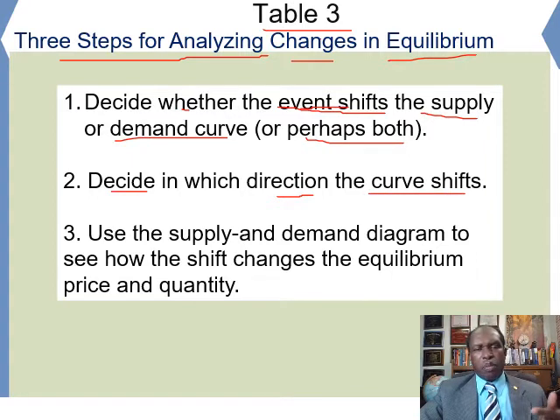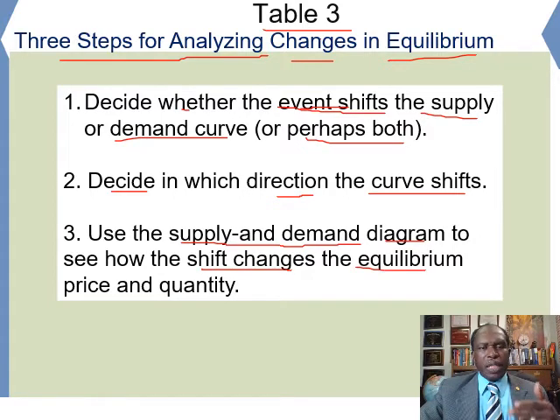If the factor impacts the curve positively, supply or demand will increase and shift to the right. If the factor impacts the curve negatively, supply or demand will decrease and shift to the left. Third, use the supply and demand diagram to see how the shift changes the equilibrium price and quantity.